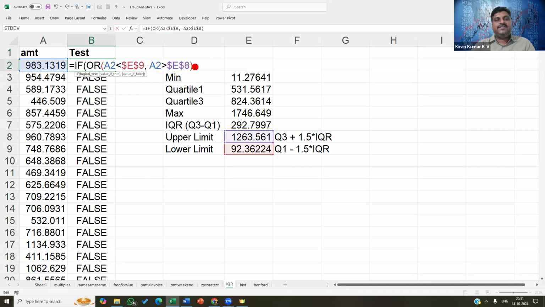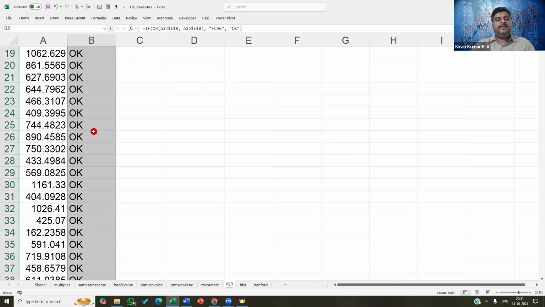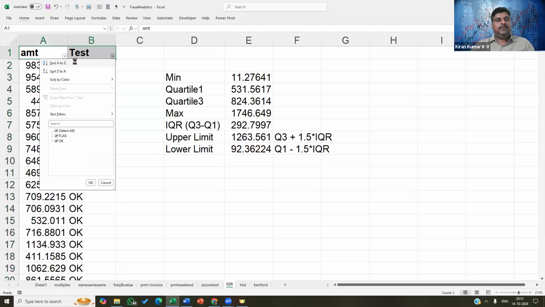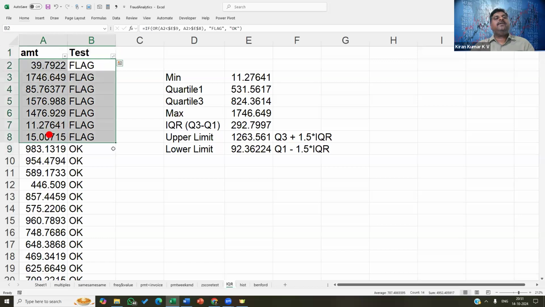If any one of these conditions is true, give me flag, otherwise give me okay. So we have around 7 transactions whose values are less than the lower limit or higher than the upper limit. This is another way of detecting the outliers.